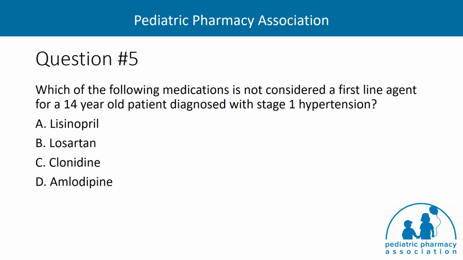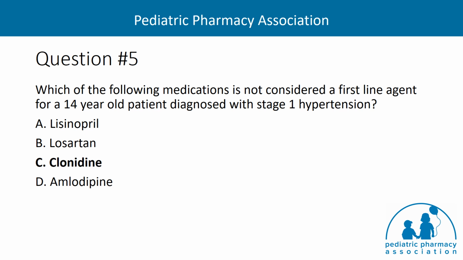All right, before we wrap up the presentation, let's go ahead and have one last question. So which of the following medications is not considered a first-line agent for a 14-year-old patient diagnosed with stage 1 hypertension? Is it A, lisinopril, B, losartan, C, clonidine, or D, amlodipine?